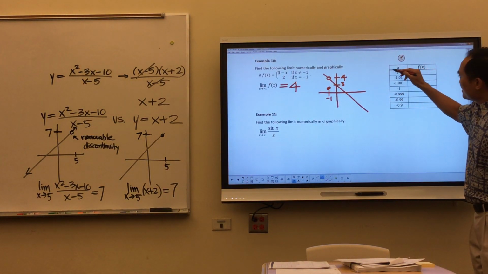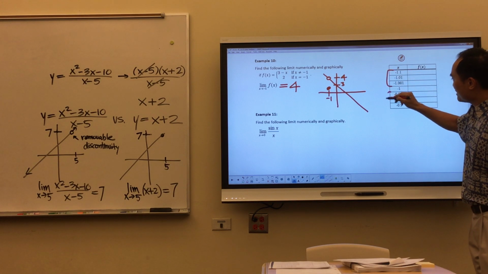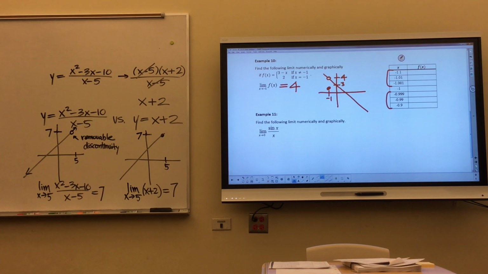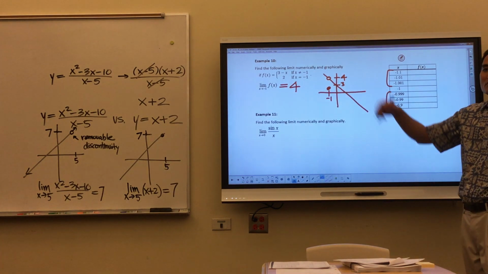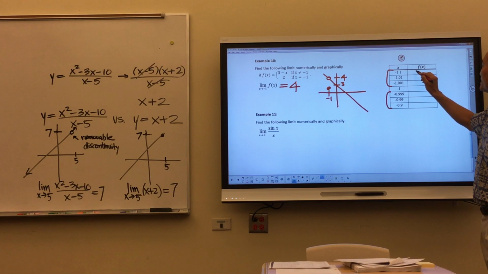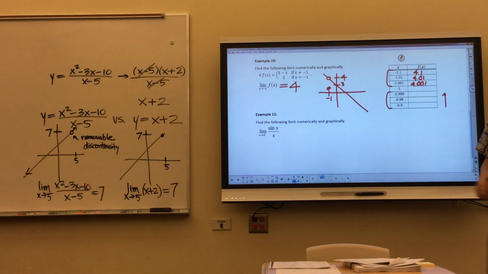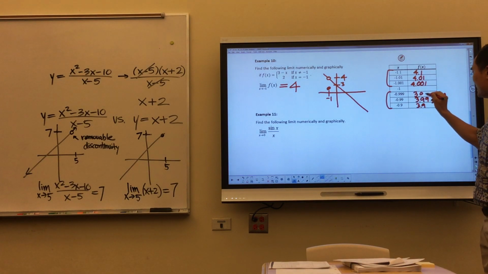So for these numbers and these numbers, what piece do we use? 3 minus x. So this is going to be, and we don't need a calculator for this, 4.1. What's the first one? 4.1. Next one? 4.01. 4.001. Now let's go up this way. Plug in negative 0.9, what do we have? 3.9, 3.99, 3.999.